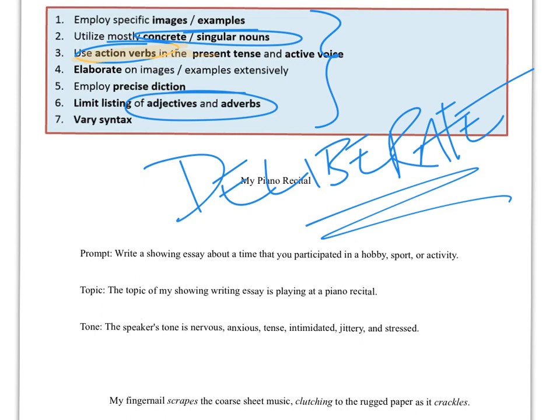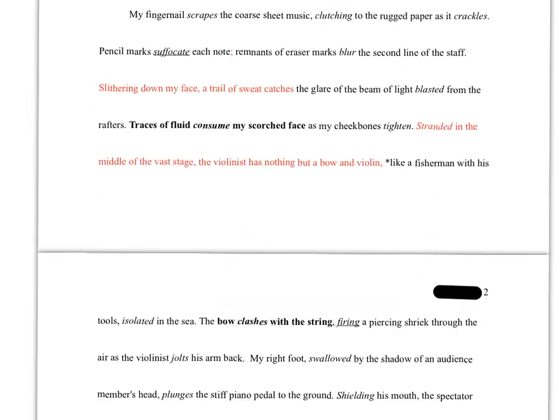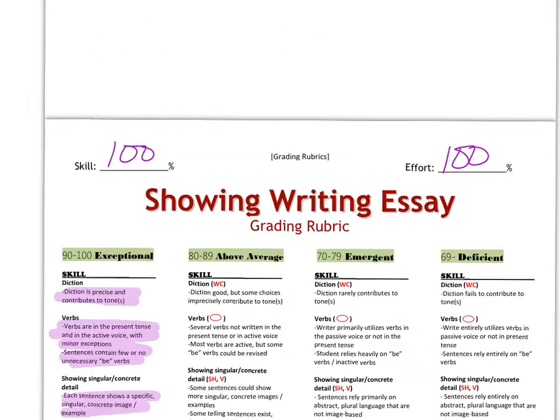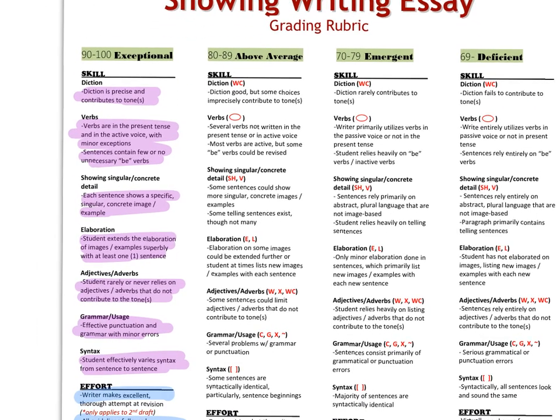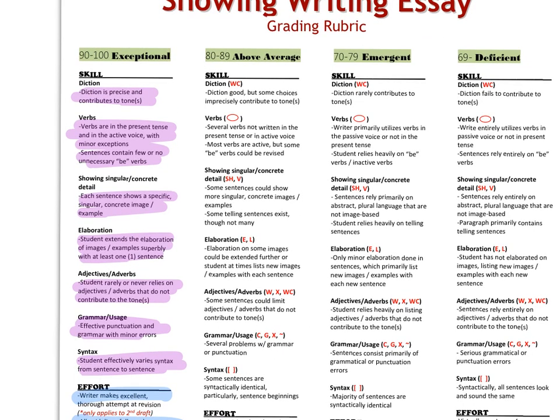So I just wanted to make that clear, that there's no sort of absolute directive here. You can never do this, but the goal is, more often than not, these are the features that we're striving for. So the last comment that I'll make is just to draw your attention to the grading rubric that will be used to assess your own paragraphs. And what you'll see is every skill listed here: diction, verbs, showing concrete, singular details or examples, elaboration, adjectives, adverbs, grammar usage, and syntax.